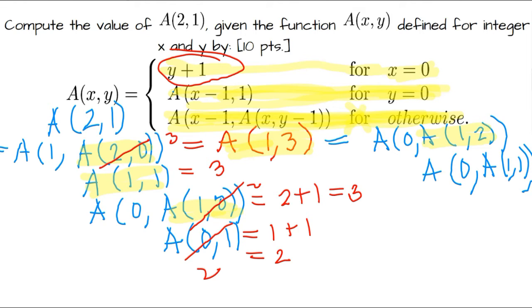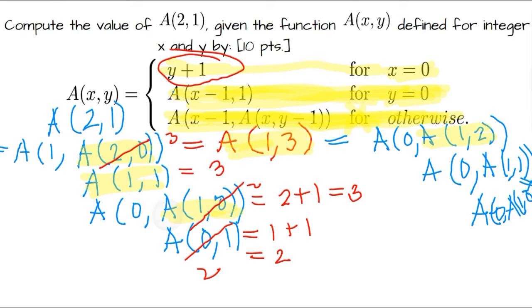Okay, so finally this will apply again case 3. So A(1,1) will become A(0, A(1, 0)). So A(1,0) will apply now case 2 where y is 0.